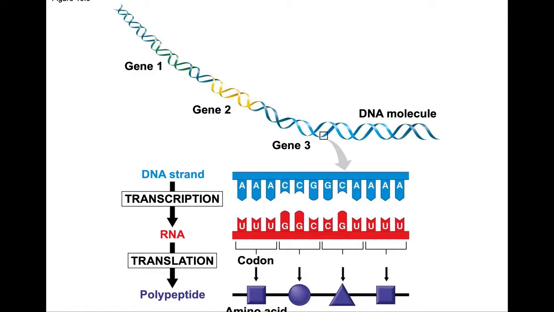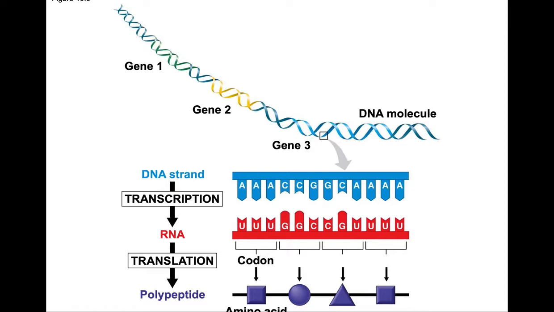If we look at our picture here, we see a DNA strand. In this example, they're picking one of the two strands as a template. The template reads AAA for DNA, and the corresponding RNA would be UUU. The next set reads CCG, and the corresponding RNA in red would be GGC.